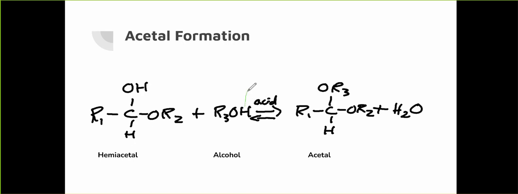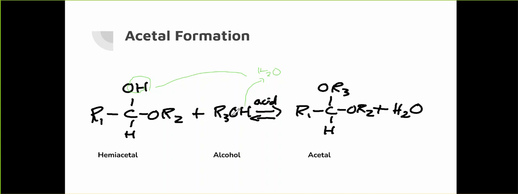So this hydrogen is going to come off and this OH is going to come off. And that gives you your H2O over there. I don't know why I'm trying to draw this with my mouse instead of my pen.